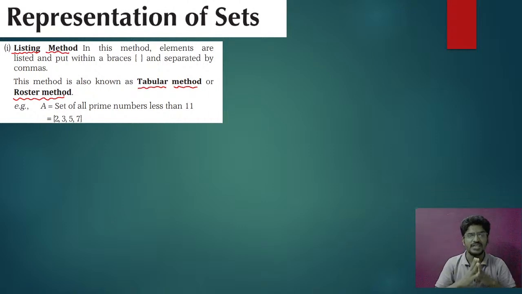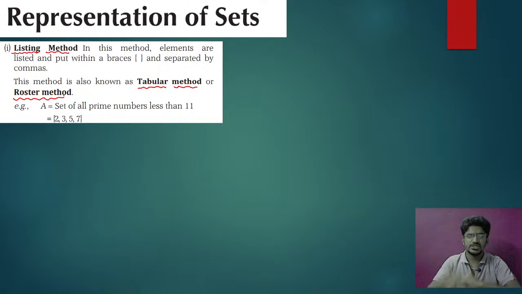The first method is the roster method. If you feel confused about the roster method, don't worry, you can also call it the tabular method. Again, if you feel the tabular method is also tough to understand, we can call it the listing method. That means the elements in the set are going to be listed one by one.